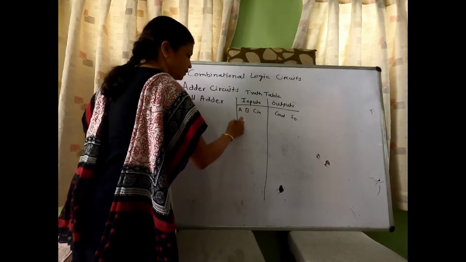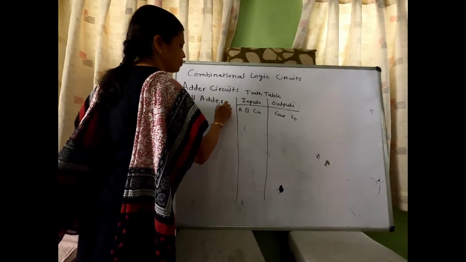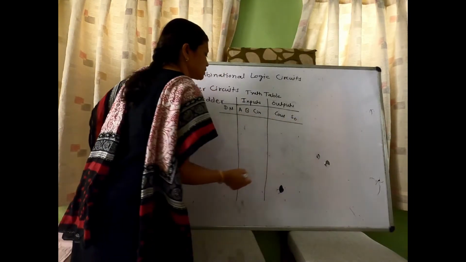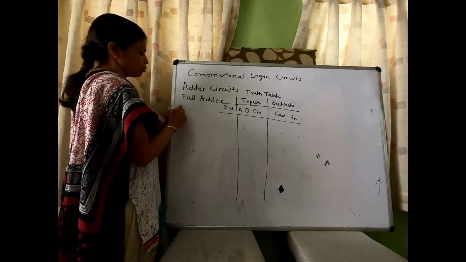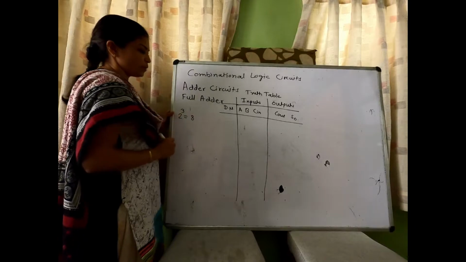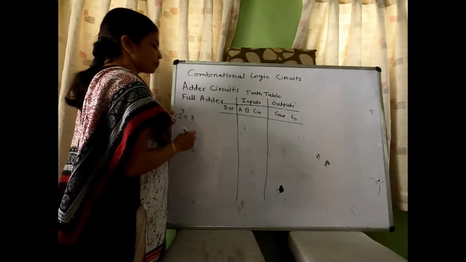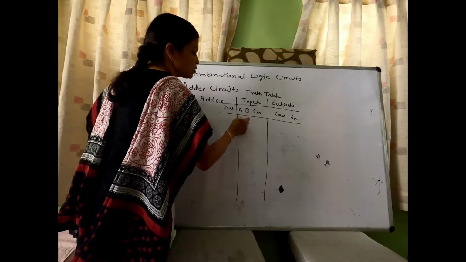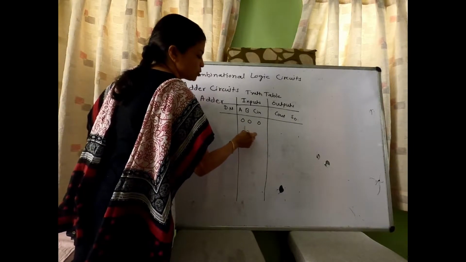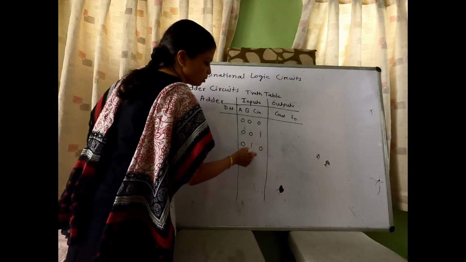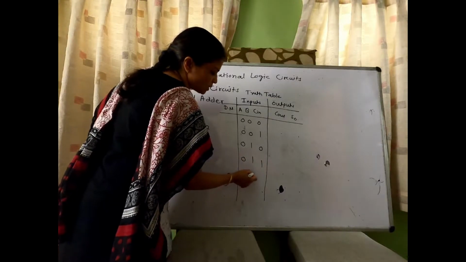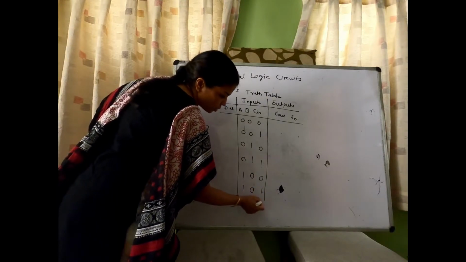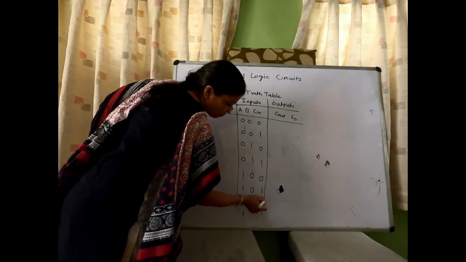Then here we will write the decimal number equivalent for these inputs. Now as 3 input variables are there, we have 2 to the power 3, that is equal to 8 combinations, and those combinations from 0 to 7 will be given as 000, 001, 010, 011, 100, 101, 110 and 111.